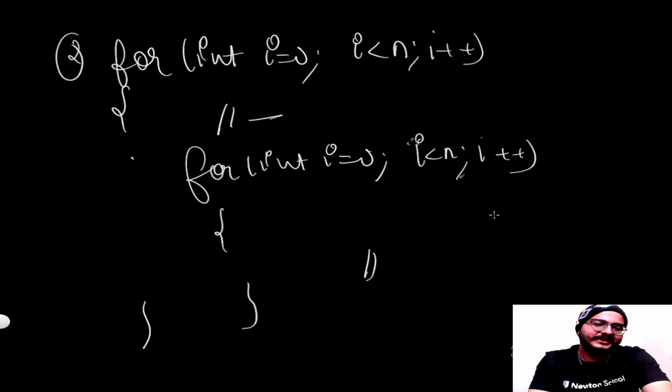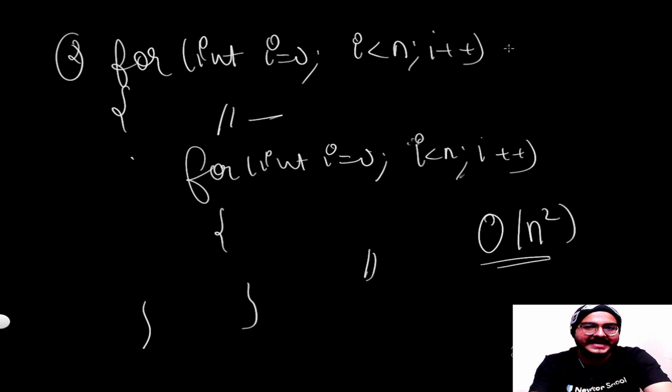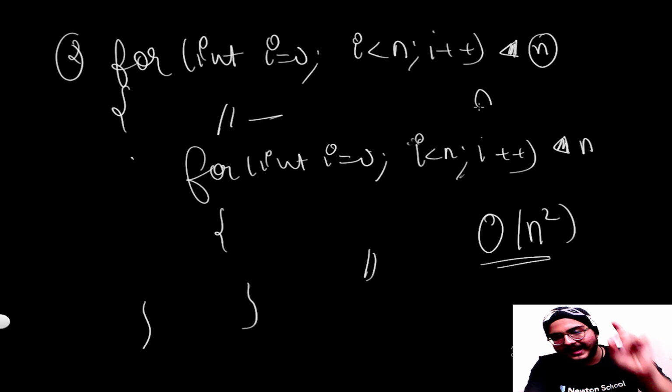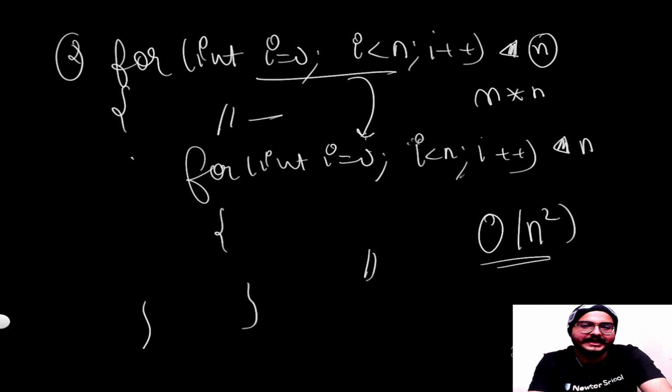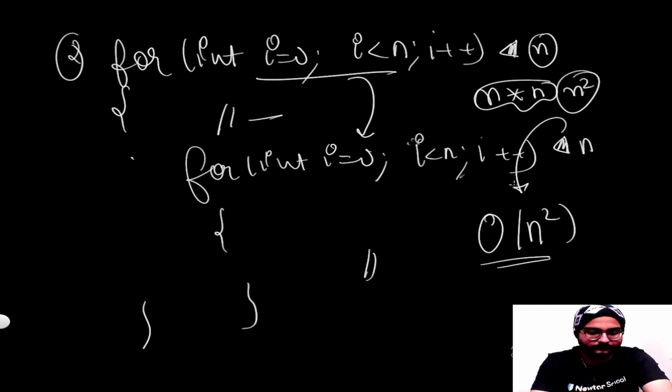So in this particular case, my time complexity would be big O of n square, because at most the outer loop would run for n times, and the inner loop would also run for n times. For each of the n iterations this would run n times, so n into n becomes n square. So my time complexity would be big O of n square.